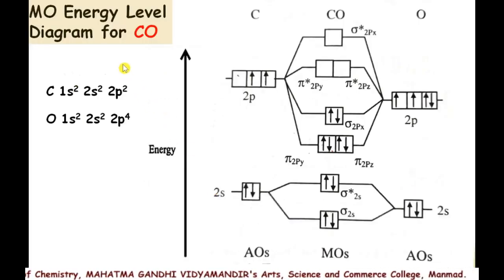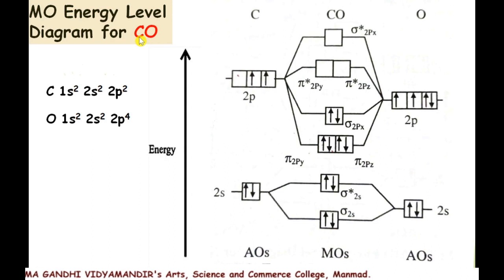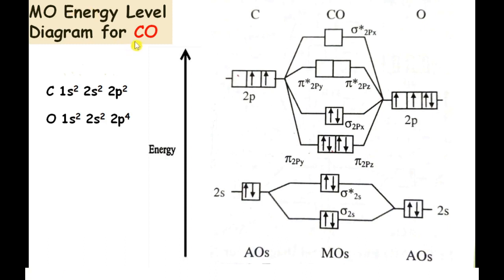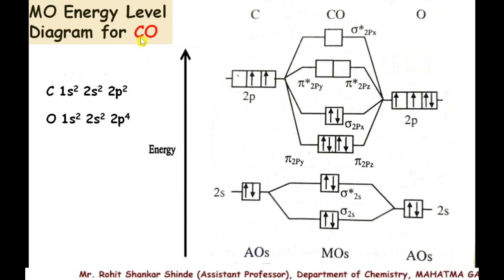Now let us see the formation of the carbon monoxide molecule. Carbon monoxide is a heteronuclear diatomic molecule. It is formed by the combination of one carbon and one oxygen atom. Here oxygen is more electronegative, while carbon is less electronegative.